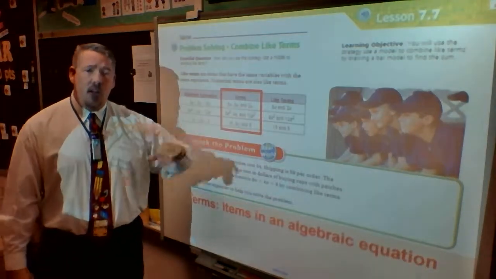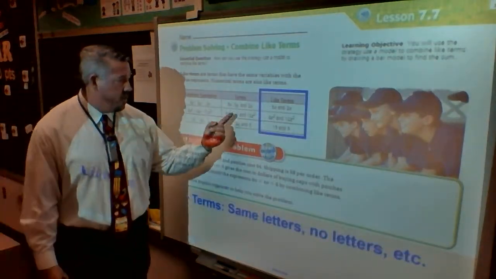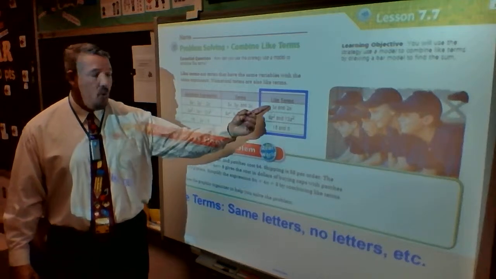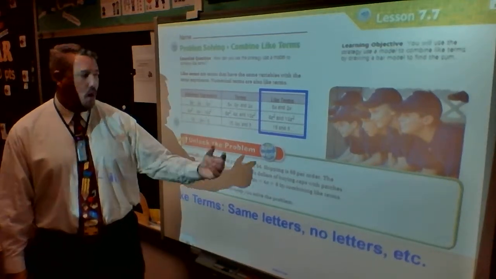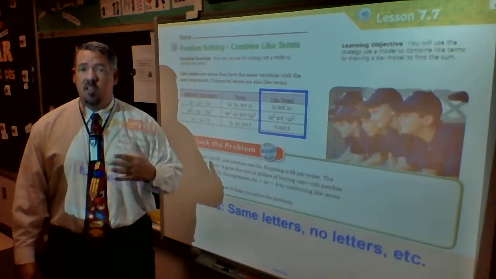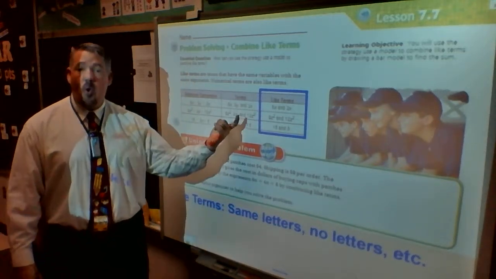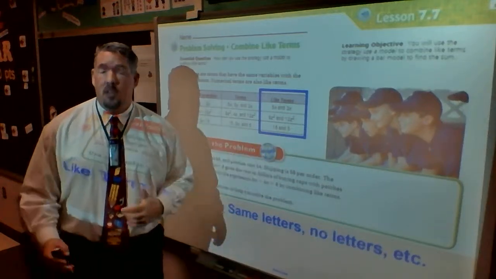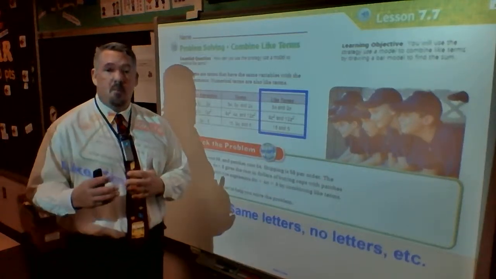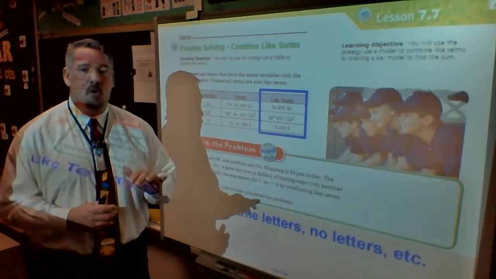Now when I talk about like terms, it's showing you that here's an x and here's an x, so I have 5x and 2x. And here's a z squared and a z squared, so I'm talking about the z squareds. And here I just have whole numbers, 15 and 5. They are alike if they are whole numbers by themselves, doesn't matter if you're adding, subtracting, multiplying, or dividing.